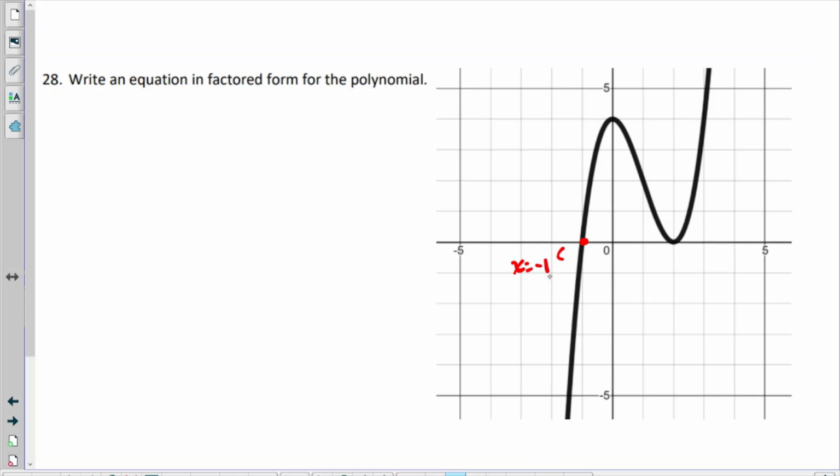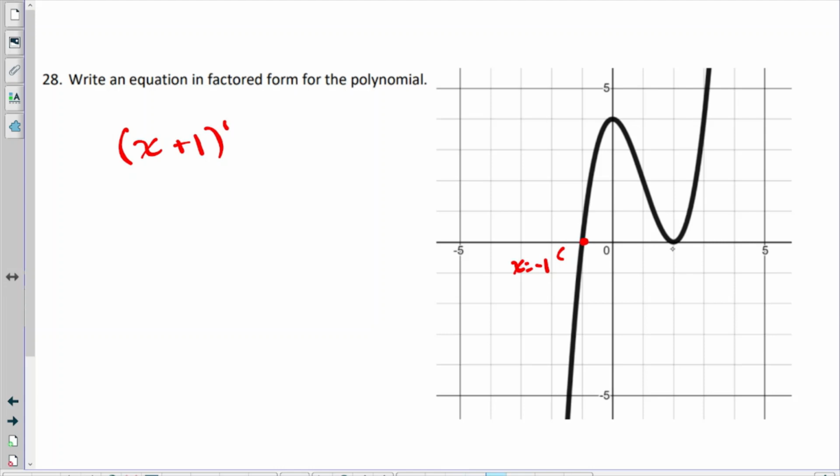So that means that one of my factors is going to be x plus 1 to the power 1, right? Because I'm crossing through it. And then I put plus 1 in my actual equation because x is negative 1 and that makes it 0. So the point at which it turns to 0 is negative 1.